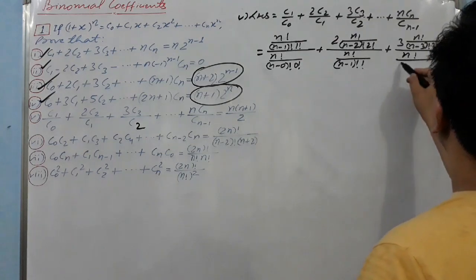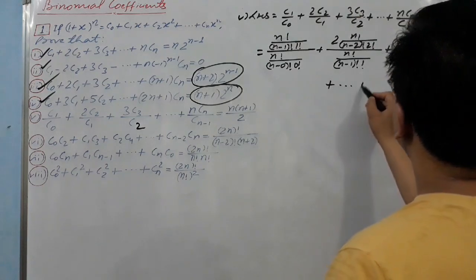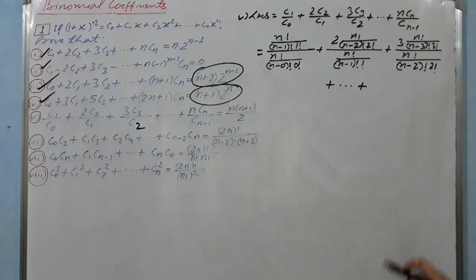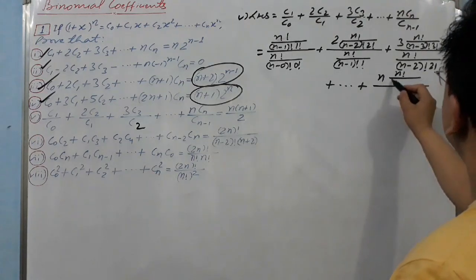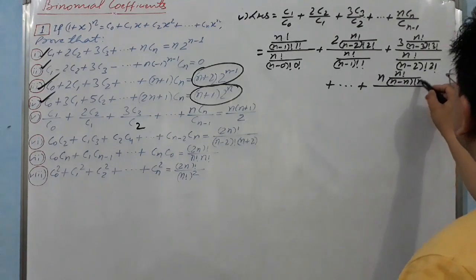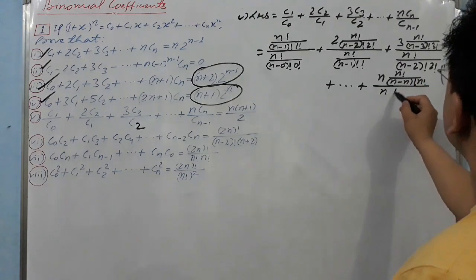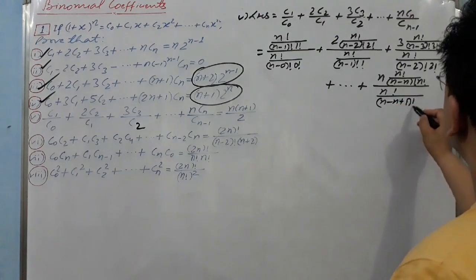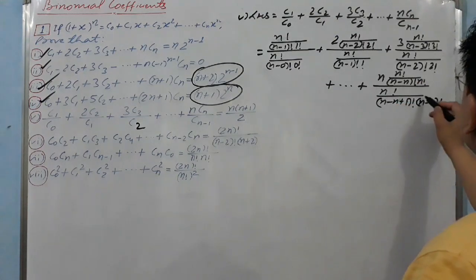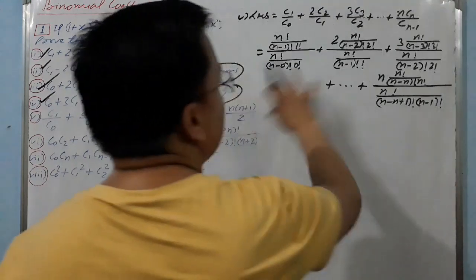Here n factorial over n minus 2 factorial, 2 factorial, plus dot dot, and the last term is n times n factorial over n minus n factorial, here n factorial over n minus 1, n minus n plus 1 factorial, n minus 1 factorial, right? So I think you are clear.